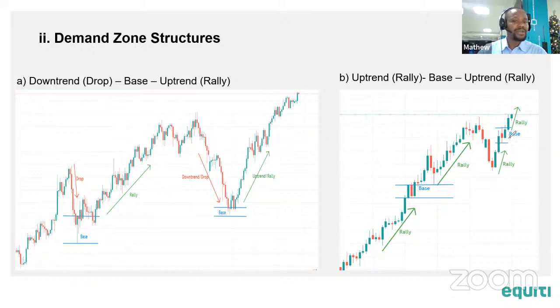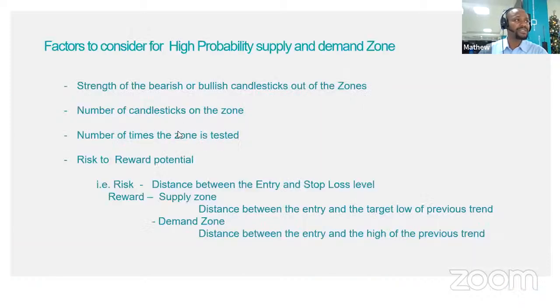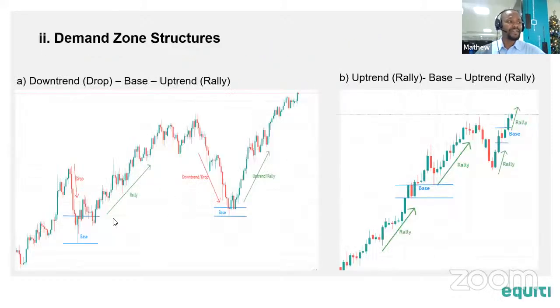So with those examples, let me move you next to the factors to consider for high probability supply and demand zones. What you have to consider is the strength of the bearish or bullish candlesticks getting out of that zone. Once you have identified this level as your demand zone, what you need to check is, once the price goes back to that point, do you have candlesticks exiting that point very fast, or do you have consolidation?